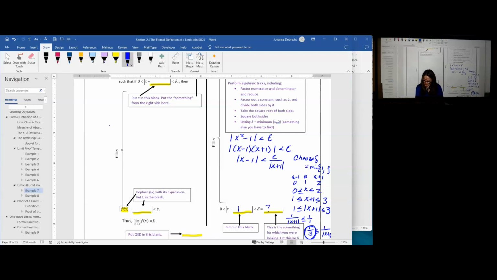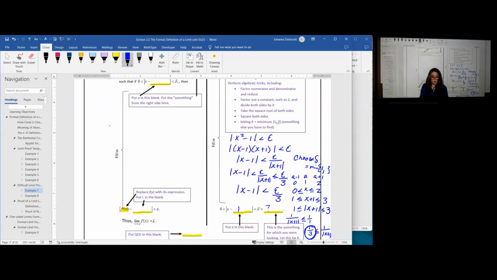Since we have 1/3, we know that we can write the magnitude of x minus 1 less than epsilon over the magnitude of x plus 1, which is less than or equal to epsilon over 3. This means that I can write x minus 1 less than epsilon over 3. And that's what I was looking for.